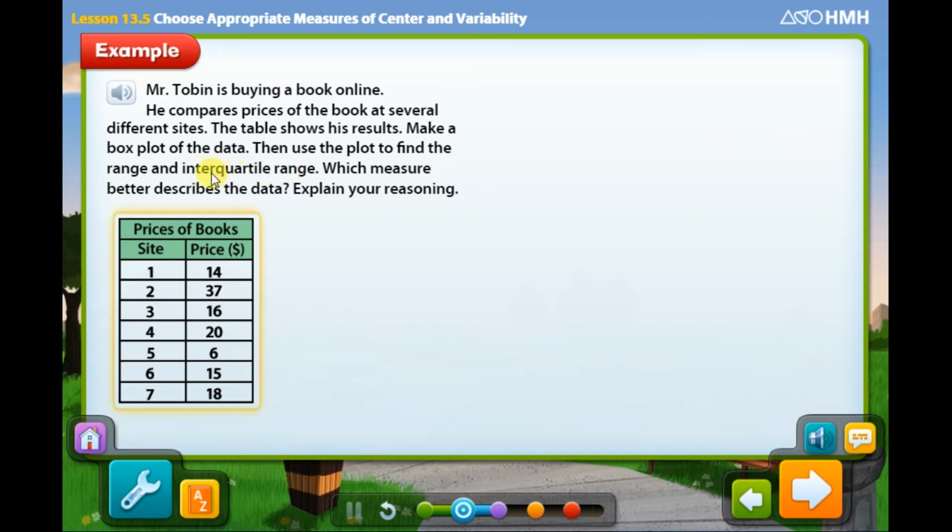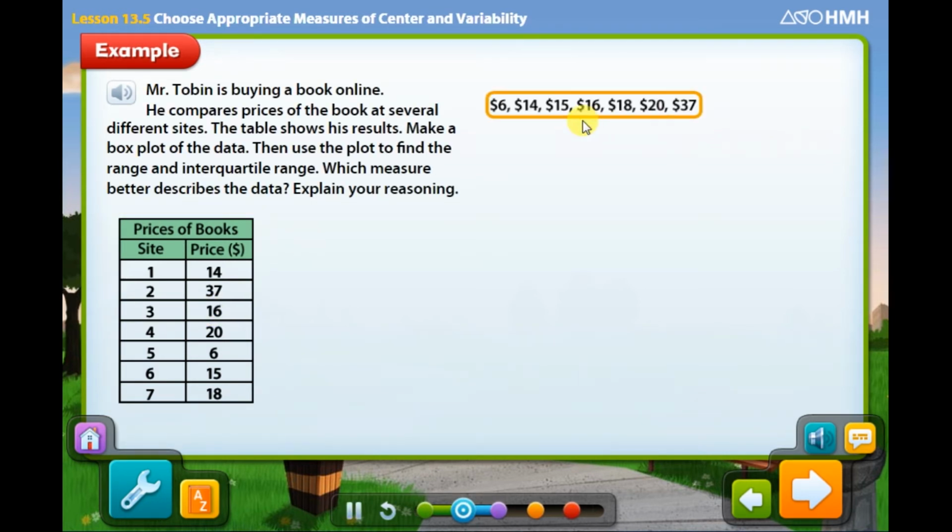The interquartile range is the range inside the box, and the range is the difference between the greatest value and the least value in the graph or in the table. So first, to determine the points that will help us graph the box plot, we have to order the numbers. So let's order the numbers from least to greatest.